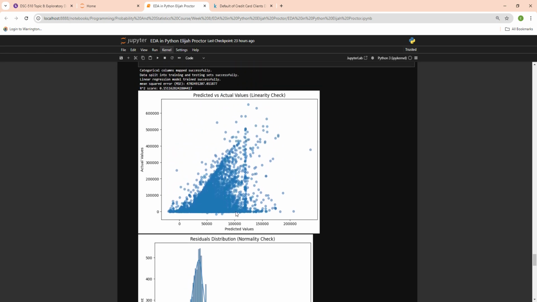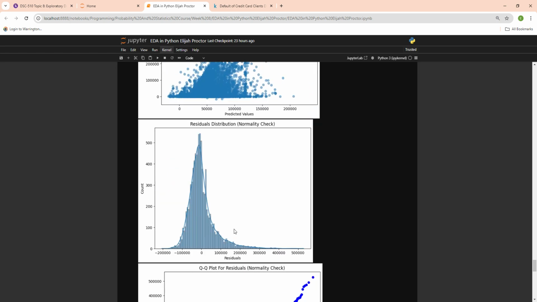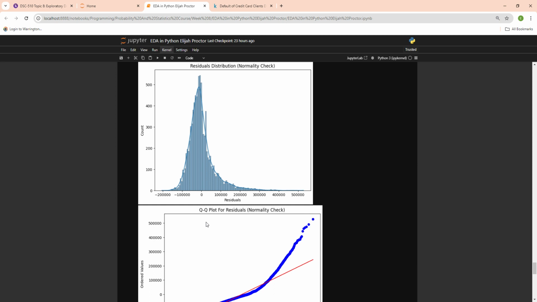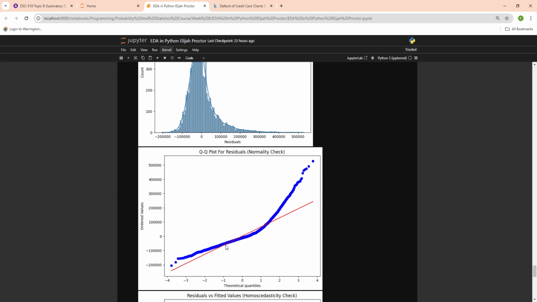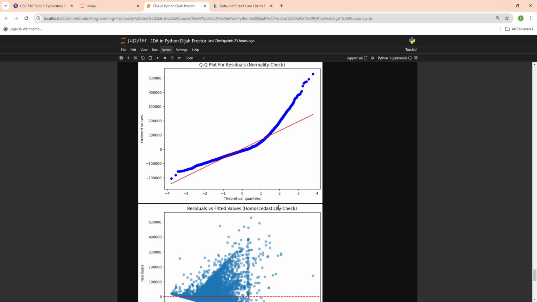Our normality check with the residual plot shows that it's approximately normally distributed, but there is some spread. The QQ plot also highlights deviations from normality, particularly at the extremes, and this means that the residuals do not perfectly follow a normal distribution.